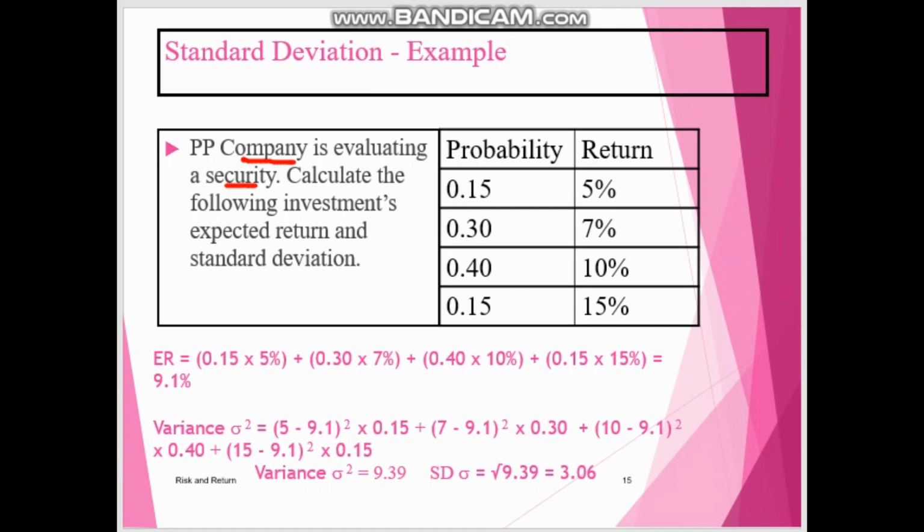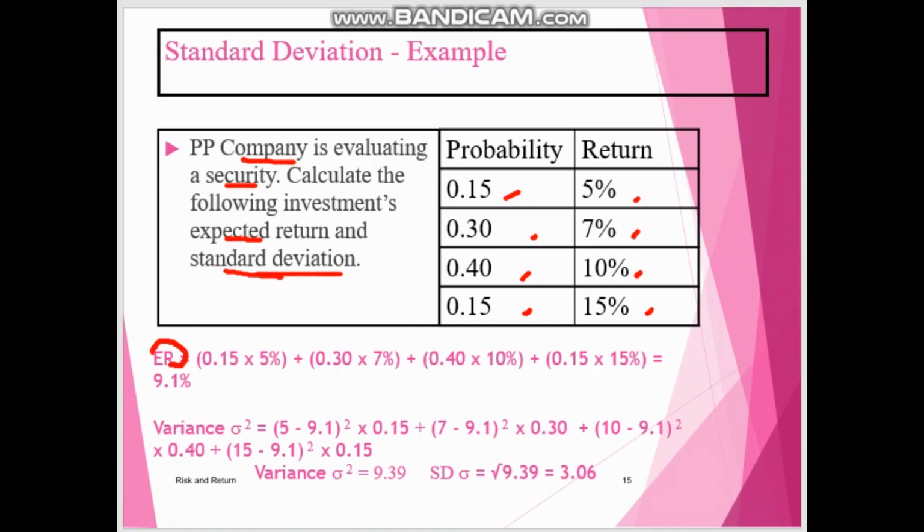They ask us to calculate the expected return and standard deviation. Of course, before we get the standard deviation, we have to calculate the variance. The probabilities are 0.15 for 5%, 0.3 for 7%, 0.4 for 10%, and 0.15 for 15%.